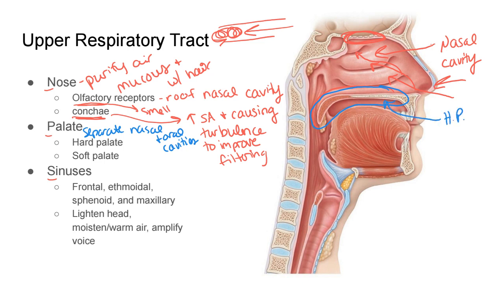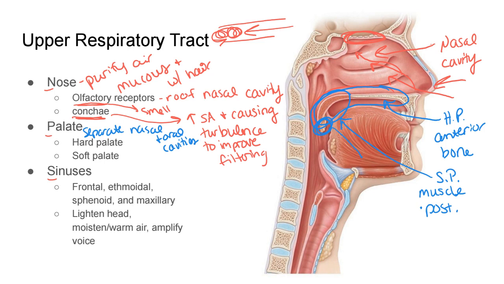Again, it is anterior, so it is more towards the front, and it is going to be made of bone, whereas the back portion here is the soft palate, and the soft palate is going to be more muscular. Again, it will be located in the posterior aspect of the oral cavity, between the oral and the nasal cavity. Hanging down from that soft palate is what we call the uvula.